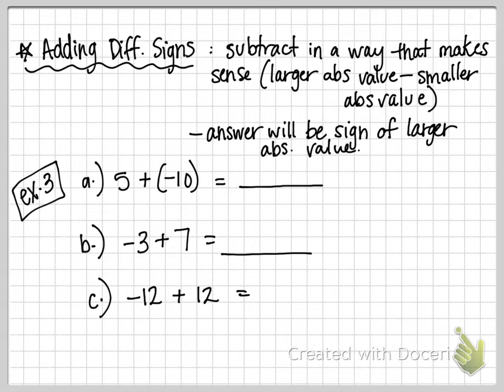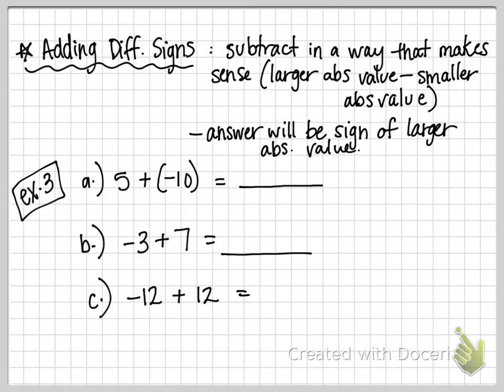All right, let's look at letter A. 5 plus -10. These are different signs. 5 is positive, 10 is negative. So we need to subtract in a way that makes sense. Addison, what did you do? I did it on the number line. Start at 0, go 10 to the left, and then add 5, so I got -5. Very good.